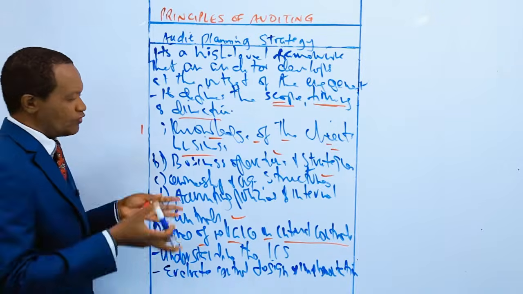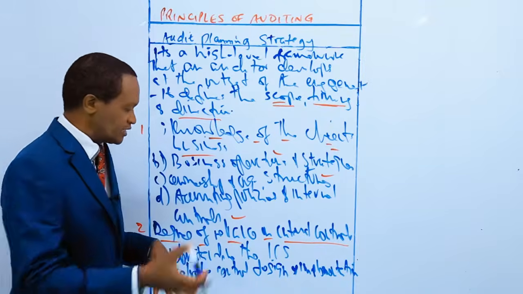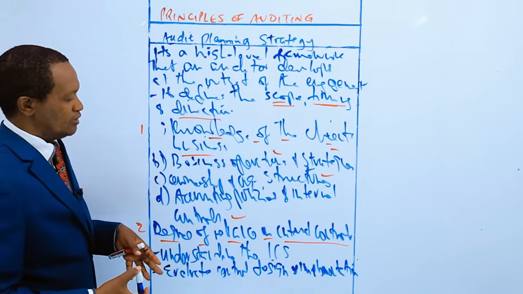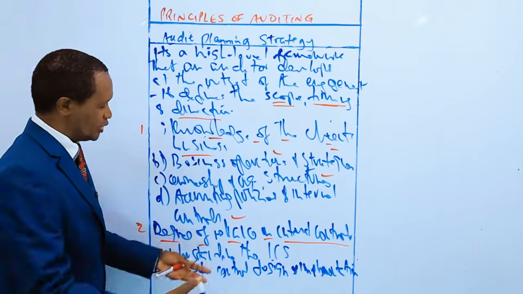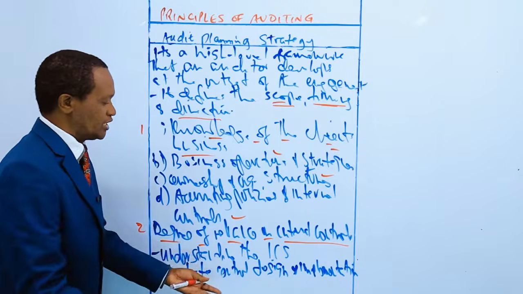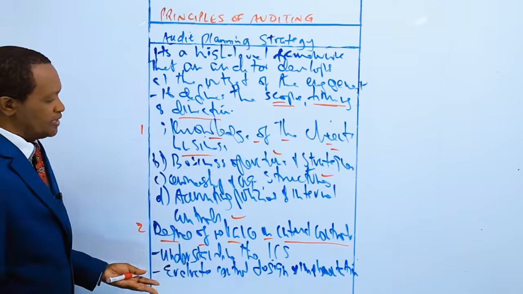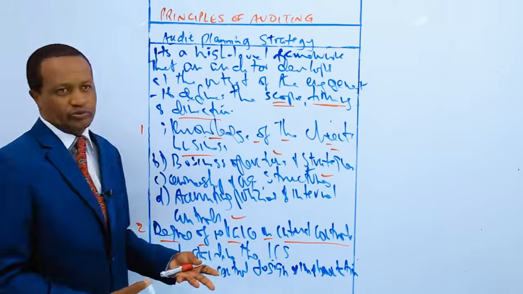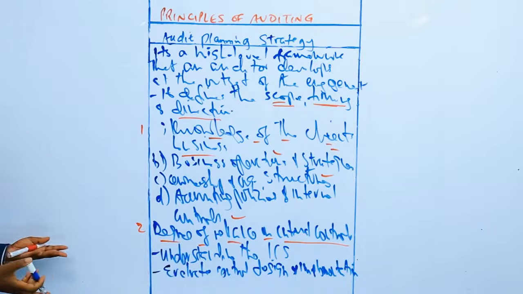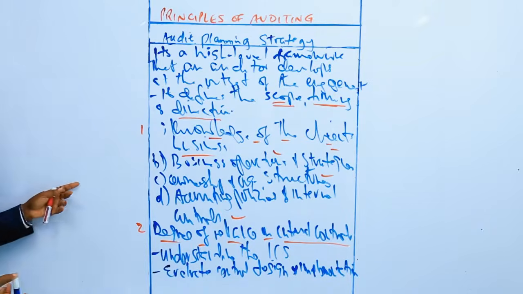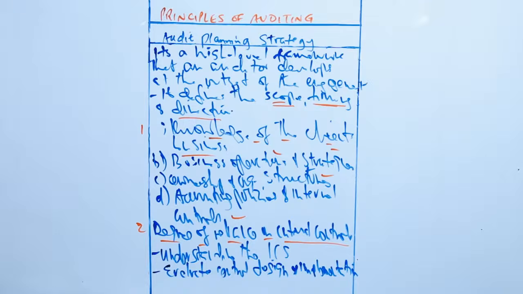Because it's one thing to have controls on paper, but another thing to have the controls working out as designed. So the auditor should evaluate, first of all, if the controls are properly designed and if they are in operation. Understand? If they are actually being put into practice.